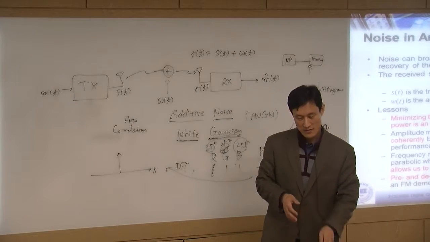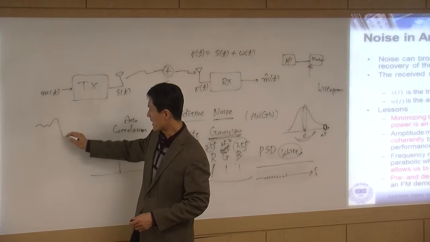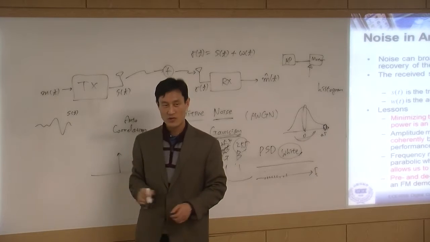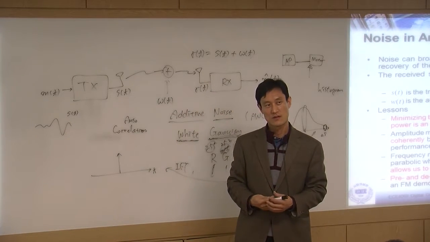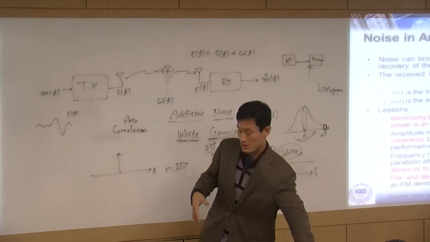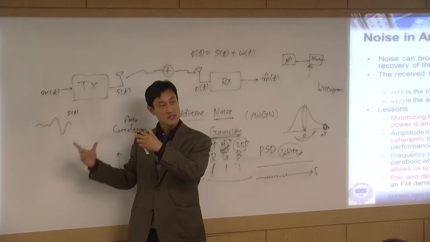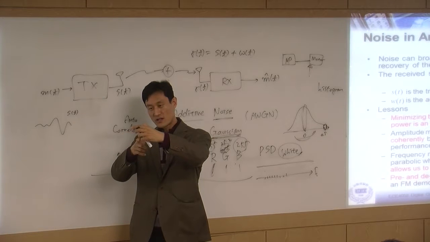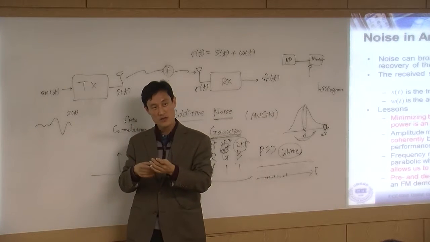That basically means, what is autocorrelation? Let's say I have this signal, s(t). I want to calculate the autocorrelation. How can you calculate the autocorrelation? You have your own signal, and you make another copy of the same signal and slide it. And you measure the energy, the overlap. That's how you calculate it.